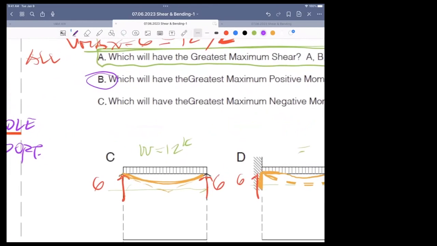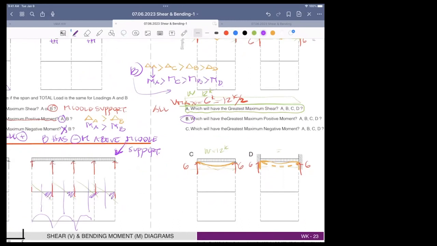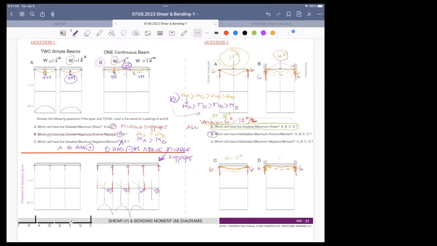Which will have the greatest maximum negative moment? We should recognize that the simple span does not have a negative moment. The moment diagram is going to be positive. Whether it looks like this or like this, it is positive. So it must be B or D. I think 12 kip in the middle is going to cause a lot more moment than 12 kip spread.